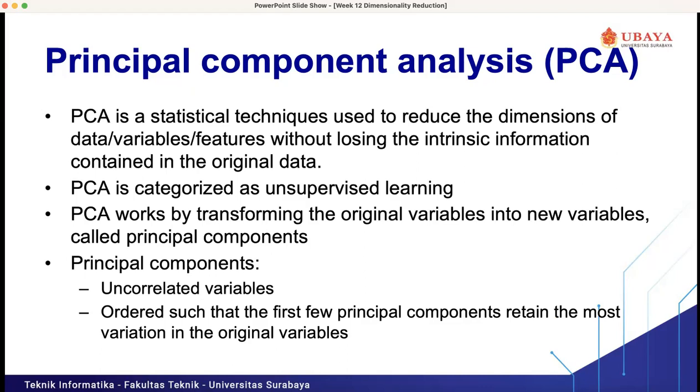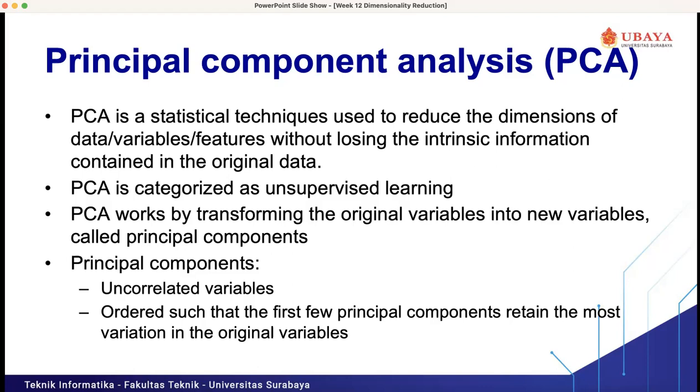So after we transform the features into new features, we call the new features principal components. Principal components are the new features after we reduce the dimension of our dataset. And principal components are uncorrelated variables.